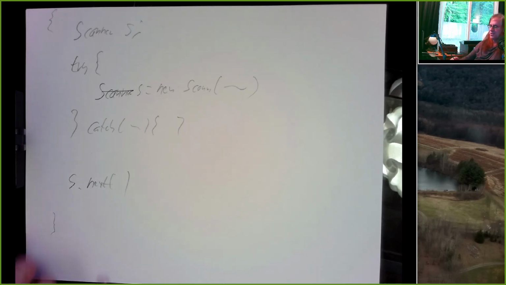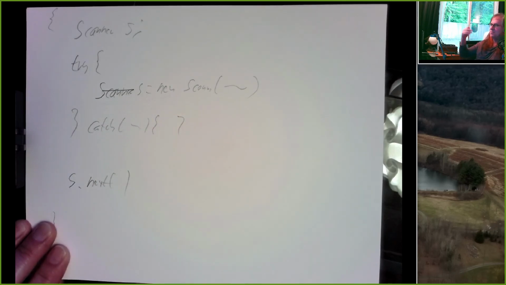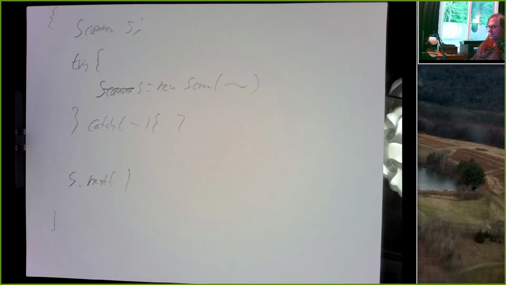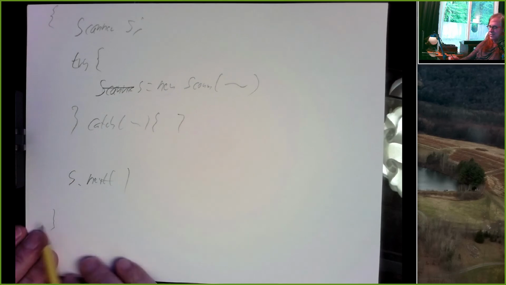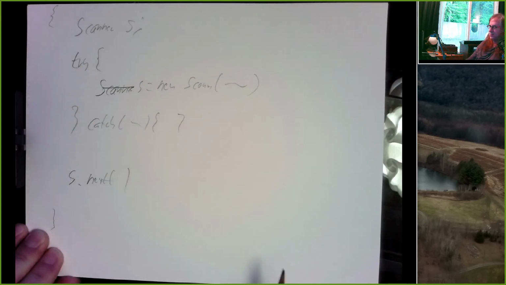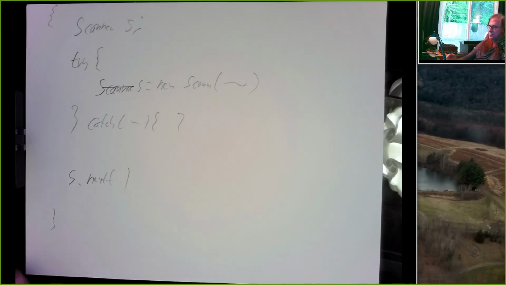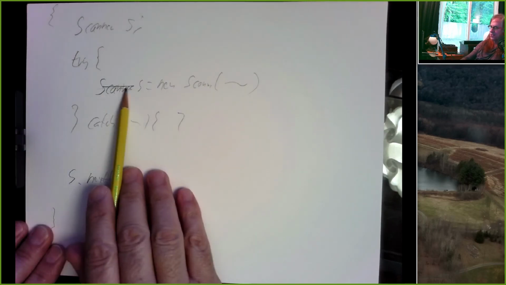The only place you need to use this is inside your main process file method. Once you exit that method, you don't need the scanner anymore. You're going to construct it inside here and close it at the end, so you could just make it a local. But if you set it up in the entire class, that also takes care of this issue.